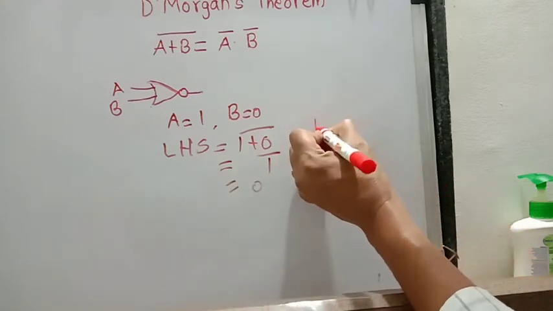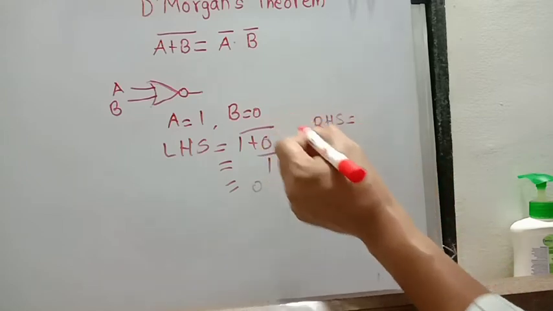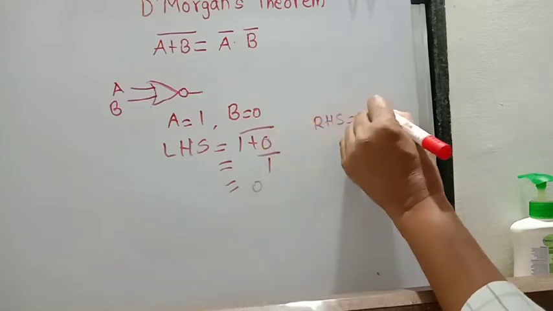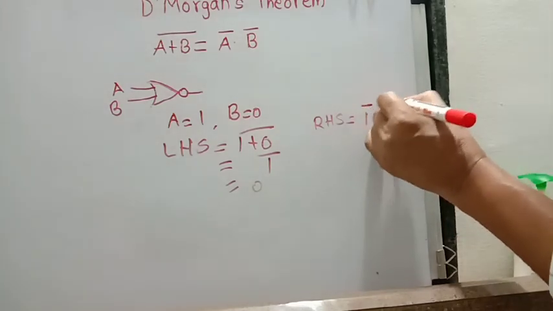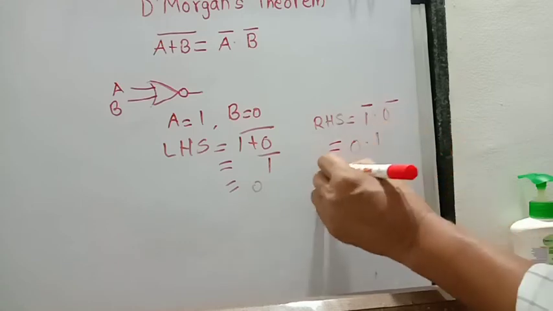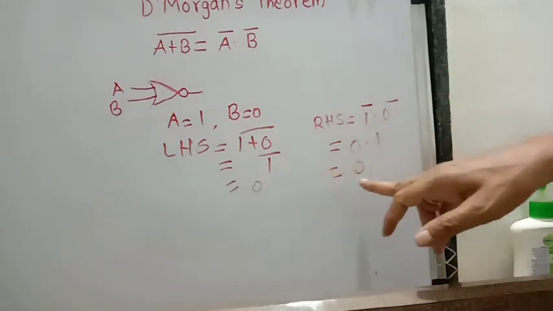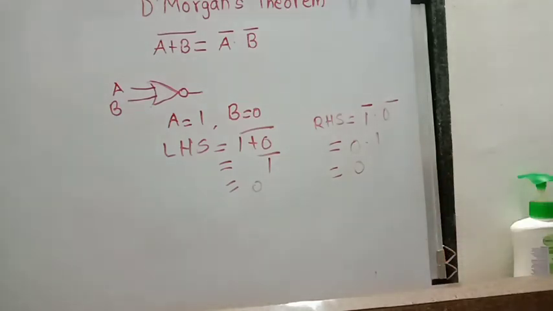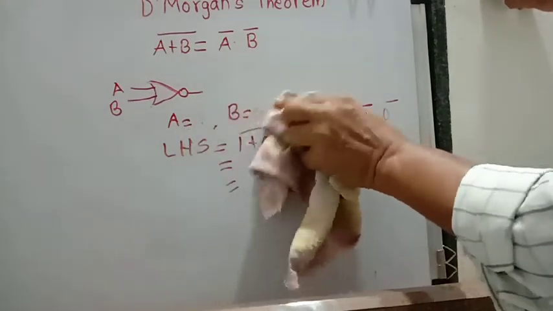Then what is RHS? RHS is equal to 1 bar into 0 bar. 1 bar means 0, 0 bar means 1, 0 into 1 is 0. So LHS is equal to RHS.